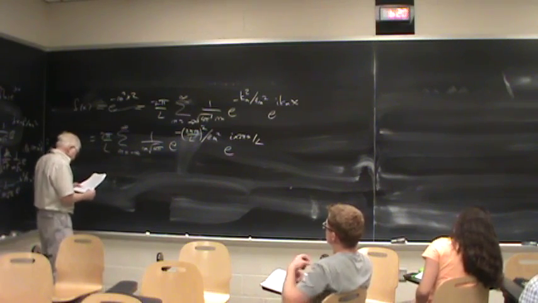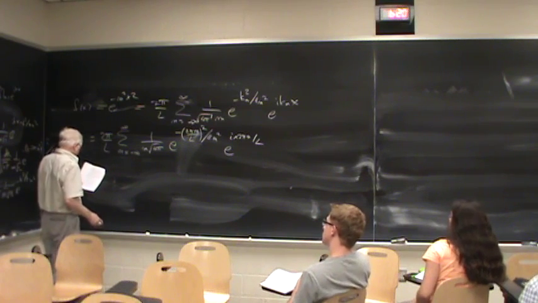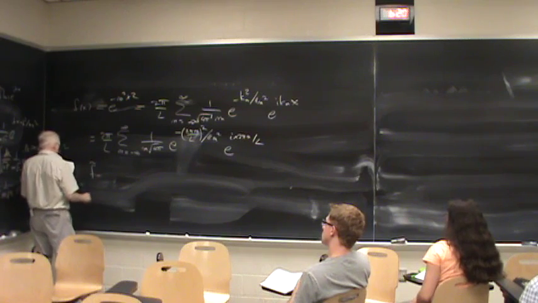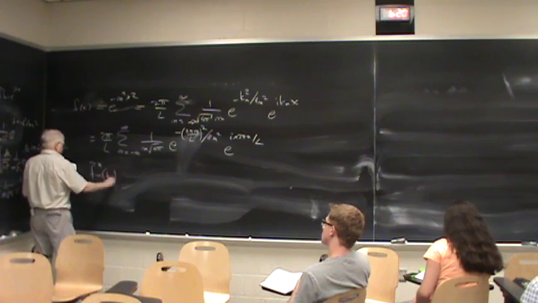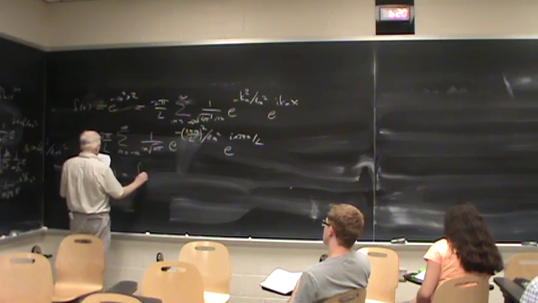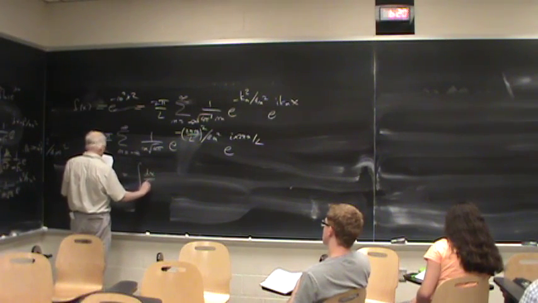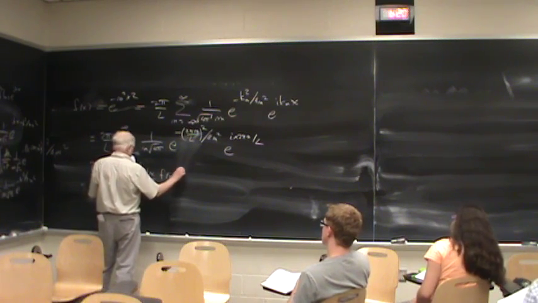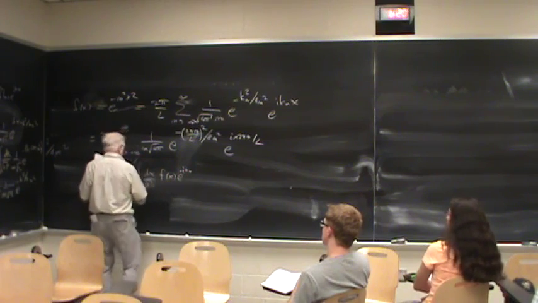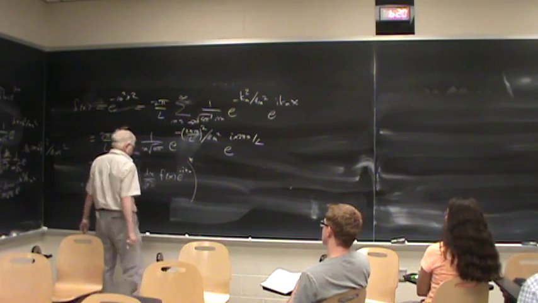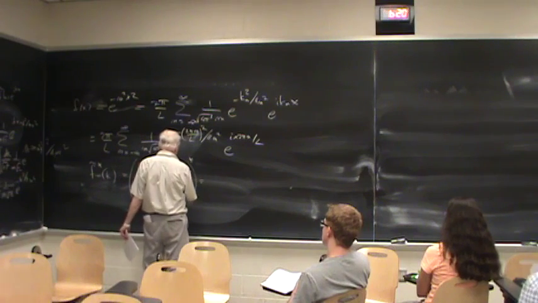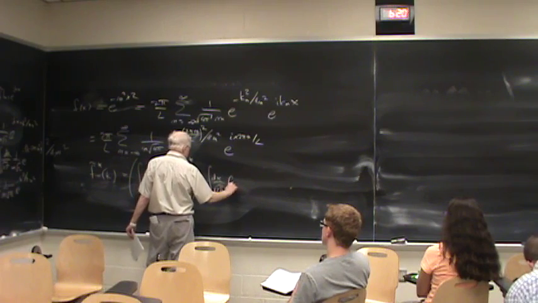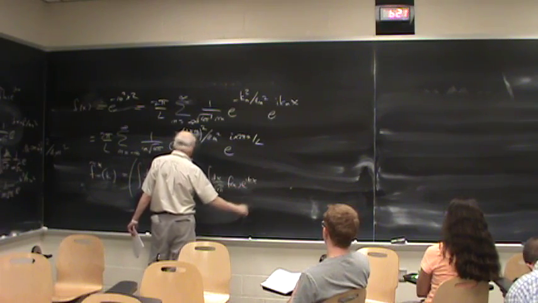Suppose f is real, then the complex conjugate of the Fourier transform, well, it's integral dx over root 2 pi f of x e to the minus i kx, and all of this complex conjugated, and if f is real, this is just dx over root 2 pi f of x, but now e to the i kx.